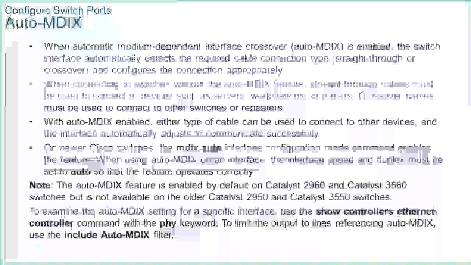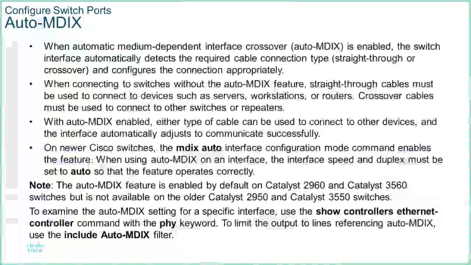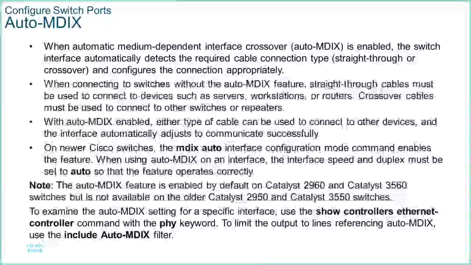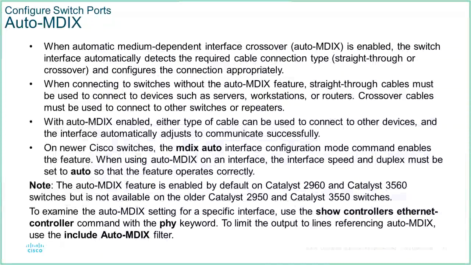This is the little thing that does the little flapping on us, Auto-MDIX. This is the little process that detects the type of cable that is connected to the device automatically. So if you plug in a patch lead or a crossover lead, doesn't really matter.